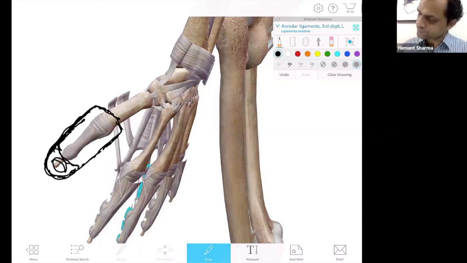Now, this is the border of bone. And even after the border of bone, we have a little part on both sides. Some part this side and some part this side.